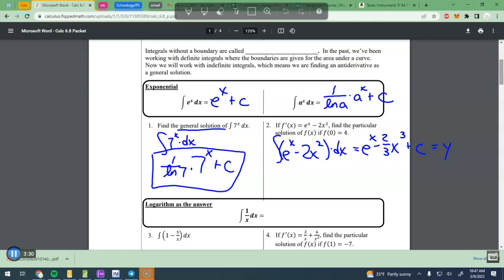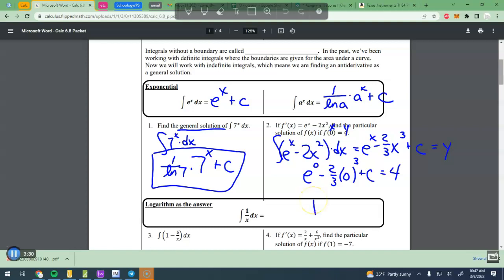Okay. So x is 0, y is 4. So I'm plugging in 0 for x. Minus 2/3 times 0 to the 3rd plus c equals 4. See what I'm doing? And then what's e to the 0? Don't say 0.